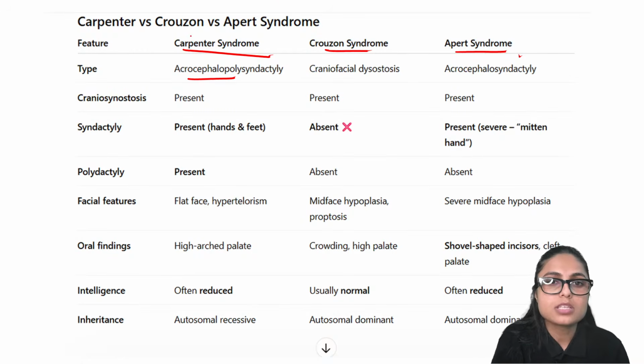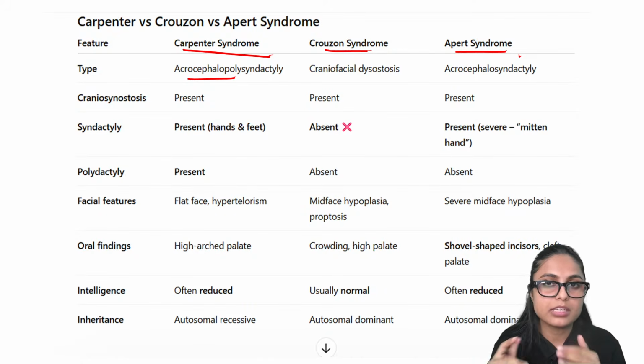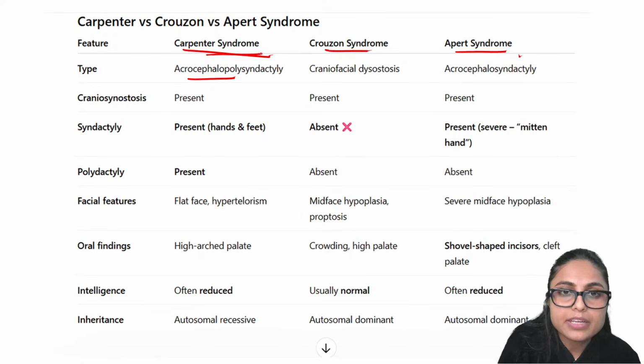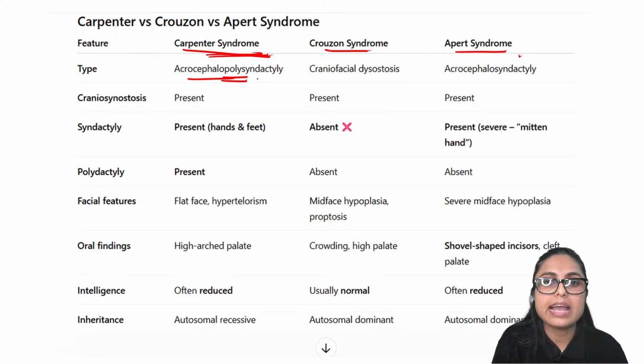Carpenter syndrome involves craniofacial anomalies plus limb defects. Limb defects are polydactyly and syndactyly. Polydactyly is extra digits, the presence of supernumerary digits. Syndactyly is webbed fingers, meaning fusion of one or more digits. So Carpenter syndrome has both polydactyly and syndactyly.